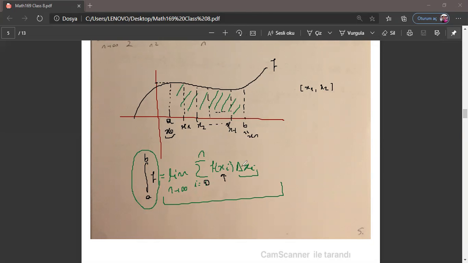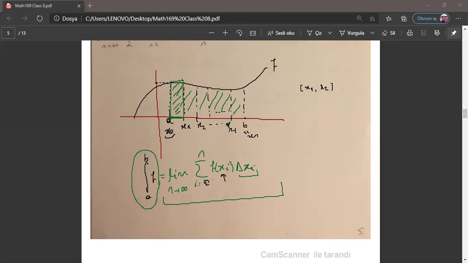Then we multiply the value by the length of the subinterval. Here we have the length of the subinterval, and we multiply it by the value of the function at x0, which is a. So we obtain this rectangle.